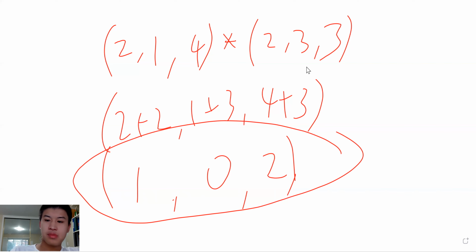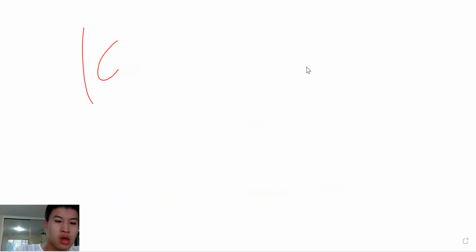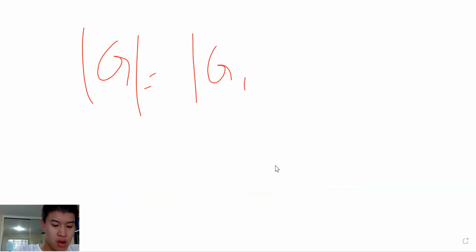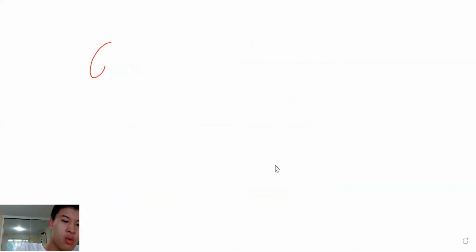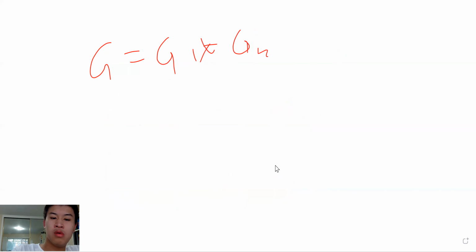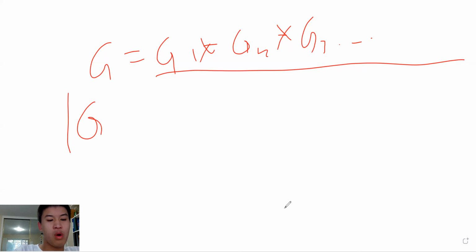And the order of G can be infinite. Let's say G is equal to the direct product of G1, G2, G3, on and on. If there's an infinite number of groups, then the order of G will be infinite.